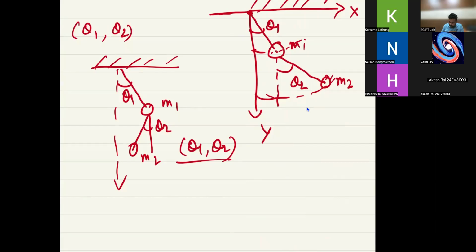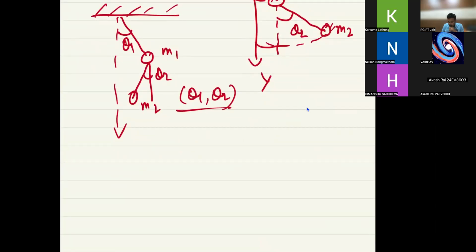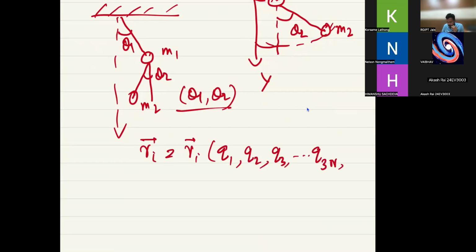I also told you that the Cartesian coordinates can be written as functions of the generalized coordinates q1, q2, q3, up to 3n if there are 3n degrees of freedom, and sometimes also as functions of time.